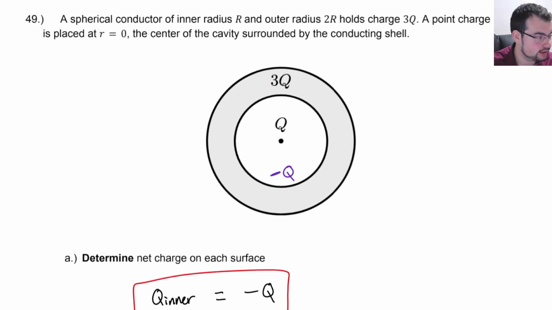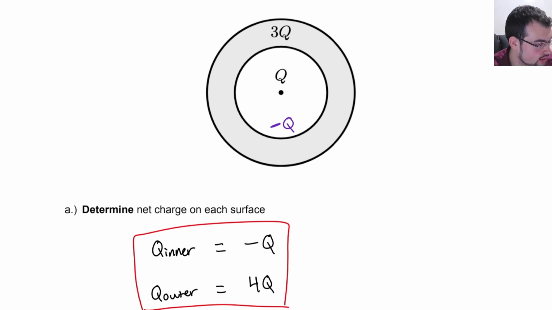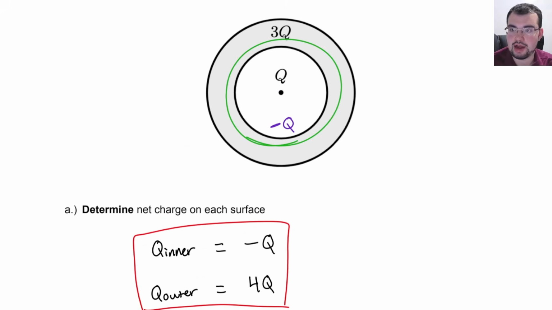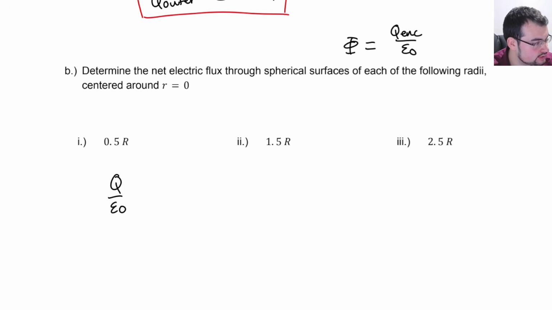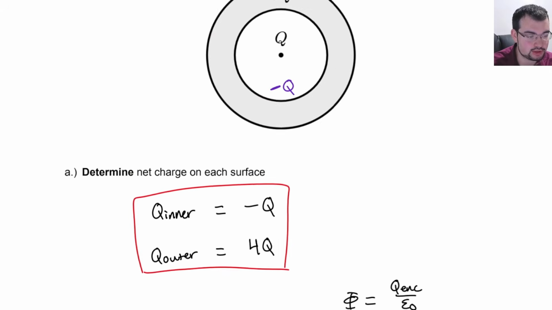If I'm at half R, that means I'm somewhere in the cavity. So the only thing I'm surrounding is Q. So this would be Q over epsilon naught. If I'm at 1.5 R, I'm here. So I'm surrounding the Q in the cavity and the minus Q on the inner surface. So that's actually 0, because I'm enclosing canceling charges.